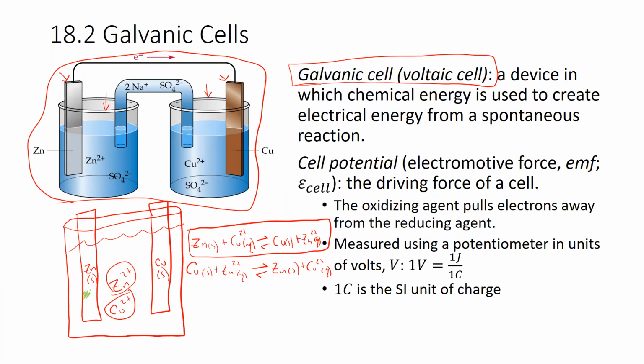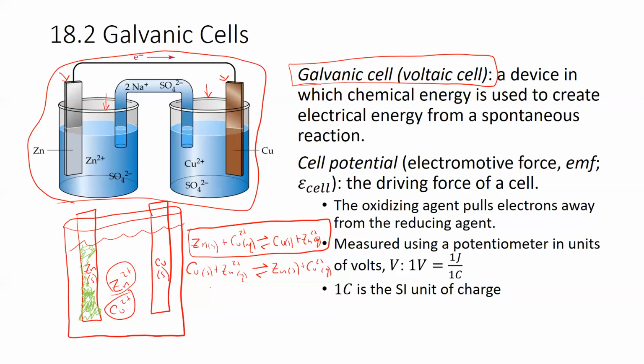You'd start to get copper accumulating on the zinc metal in this solution as the zinc metal itself began to dissolve. As this reaction occurs, you would cover this whole piece of zinc metal with some copper.